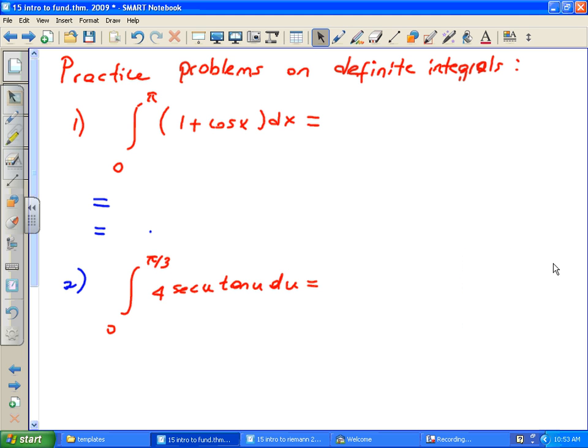So what is the antiderivative of 1? Of course, that's x. Antiderivative of cosine x is positive sine x, right? In differentiation, it was negative. In anti-differentiation, it is positive. And we're going to go from 0 to pi. And, of course, plug in the limits. First, the upper limit minus the lower limit.